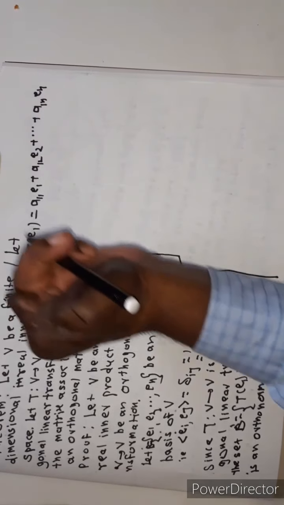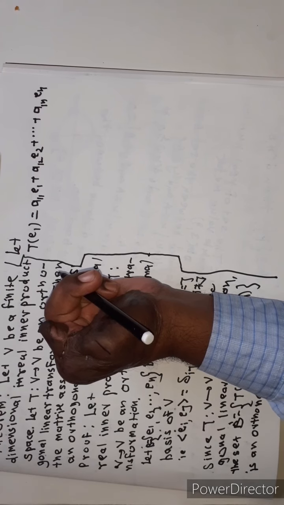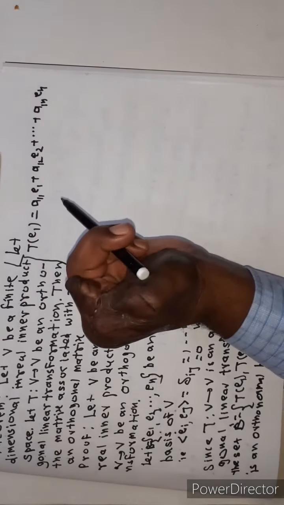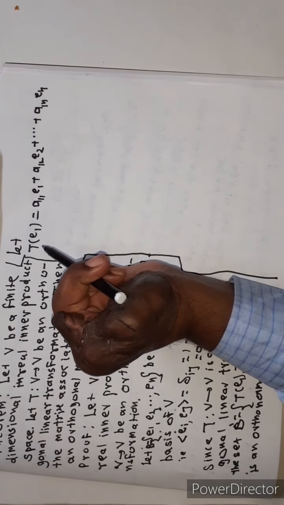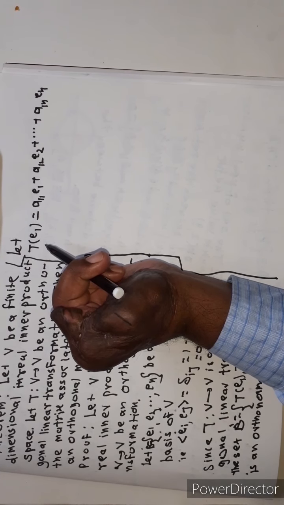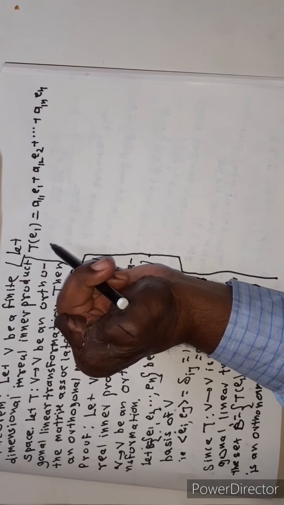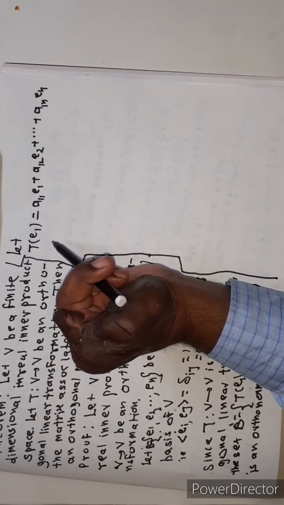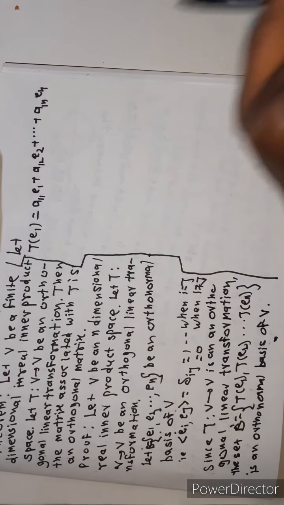E1, E2, ..., En is a basis of V and T(E1) belongs to V. Therefore, there exist unique real numbers A11, A12, ..., A1n so that T(E1) is equal to A11 E1 plus A12 E2 plus ... A1n En.